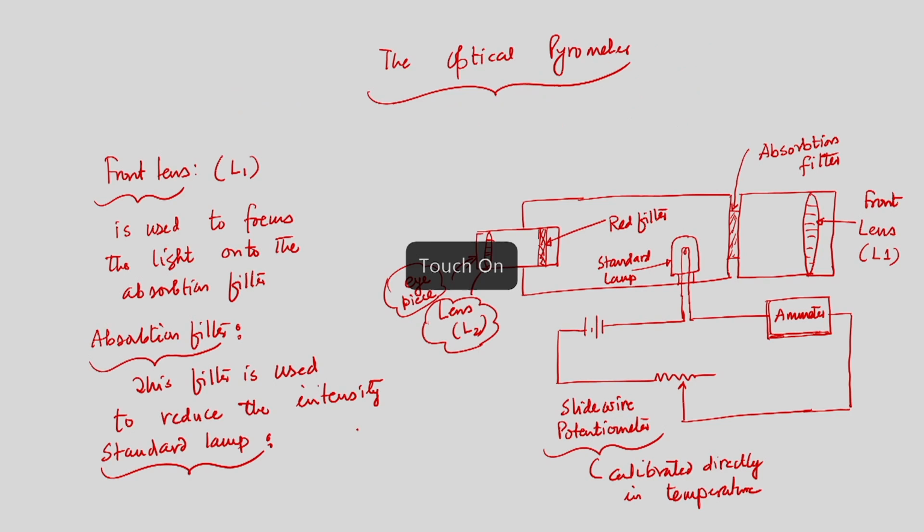Now, the standard lamp is kept intentionally, and if we look at the schematic carefully, we can find the lamp is connected with another circuit where the potentiometer location is varied and the current to the lamp is adjusted. I can say the filament current is adjusted.